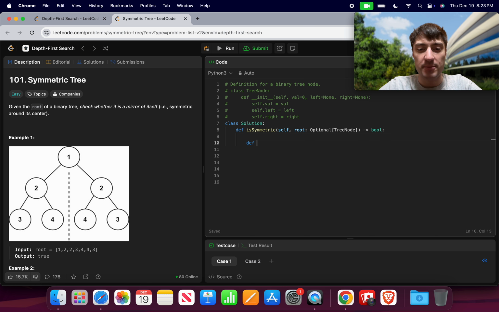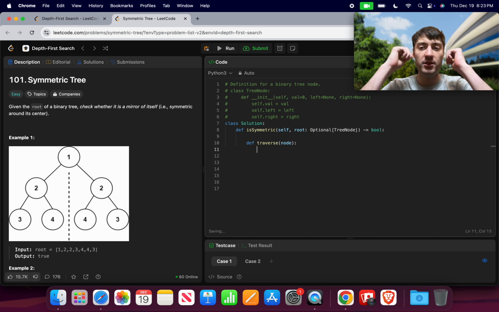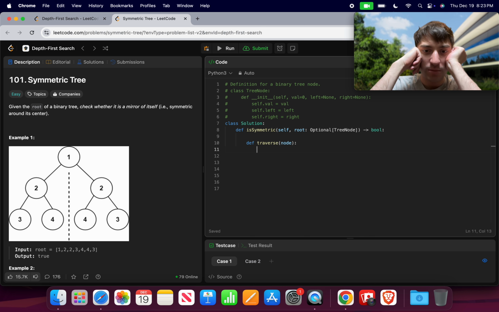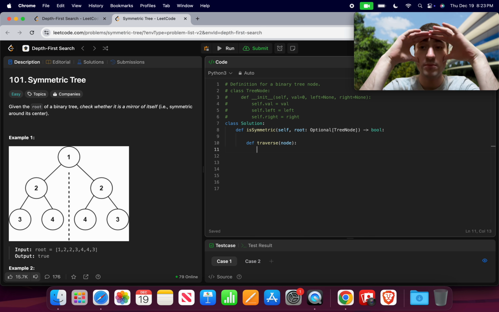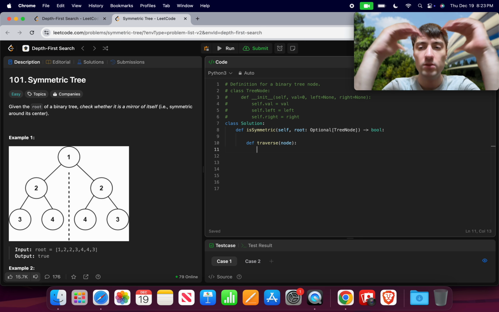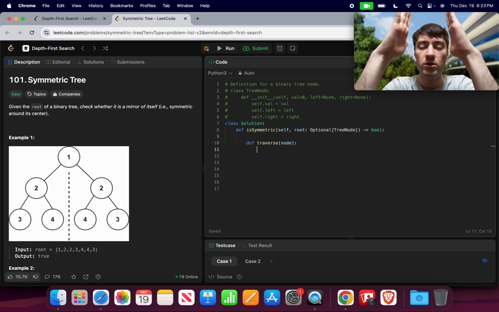Let's see. I guess I'm going to do def traverse and node. Okay, now what do I want to do? My first question is how do I actually keep track of the corresponding node mirror image?